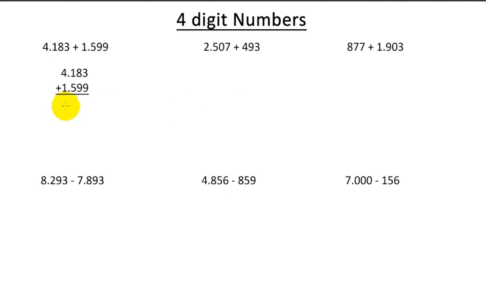Okay, great. Now, I start from the ones, from the far right, and I say 3 plus 9. 3 and 9 makes 12. I write 2, carry 1. 8 and 9 makes 17, plus 1 that I carried over makes 18.